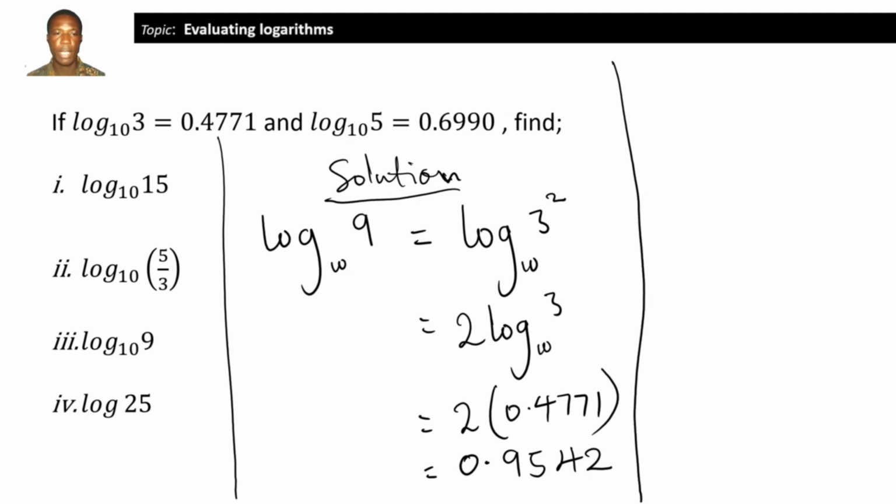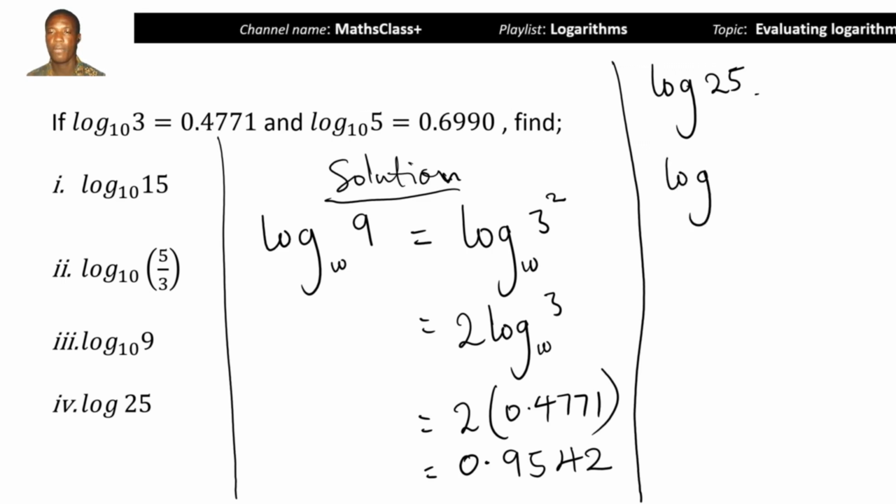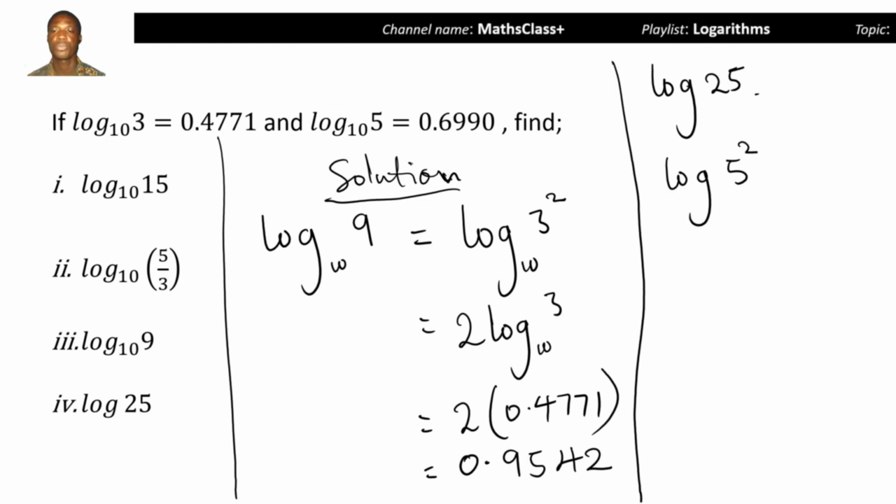The fourth example, we have log 25. So this one, the base was not written, which means that it is in base 10. And this one will be written as log 5 to the power 2.